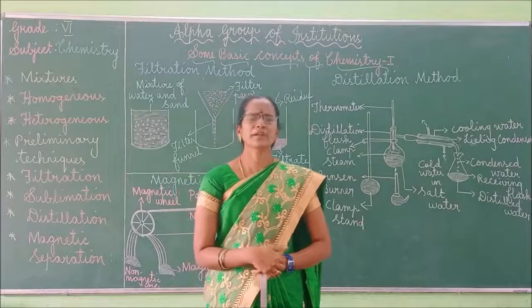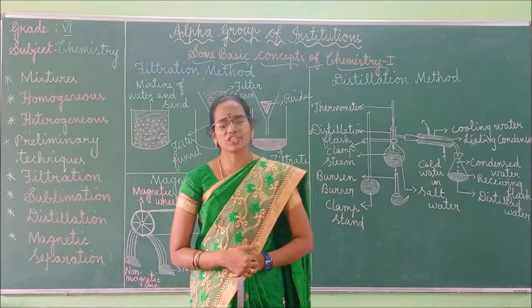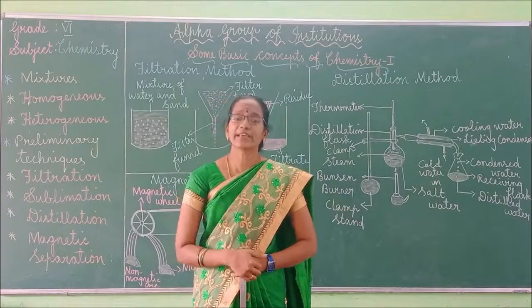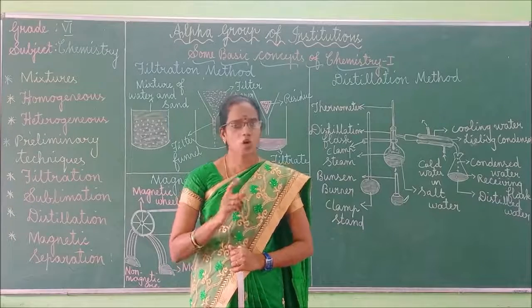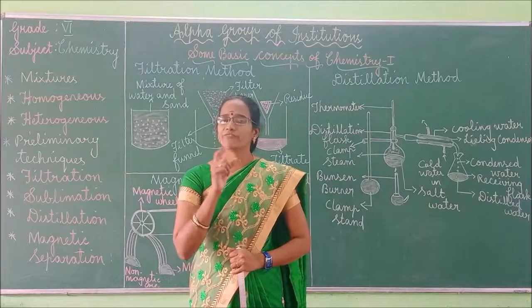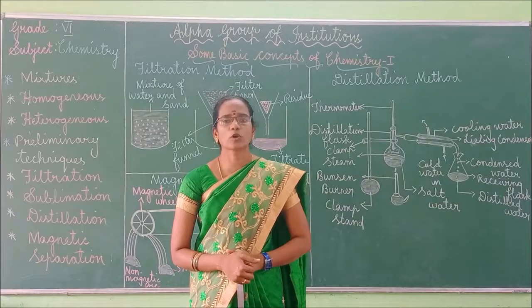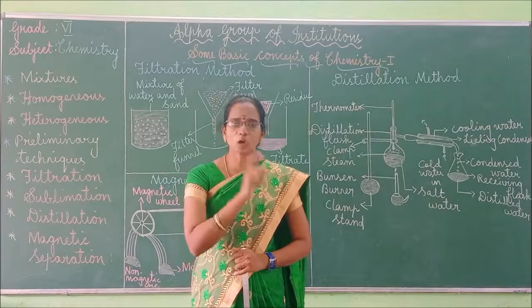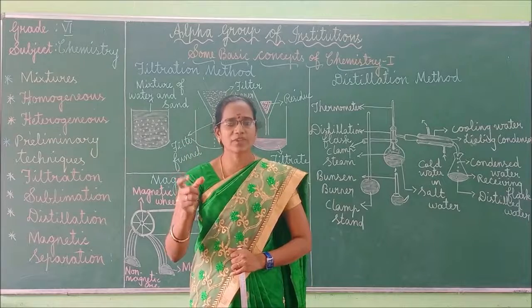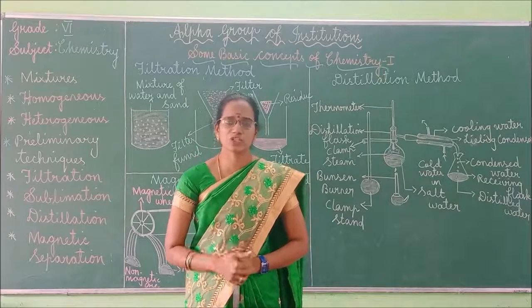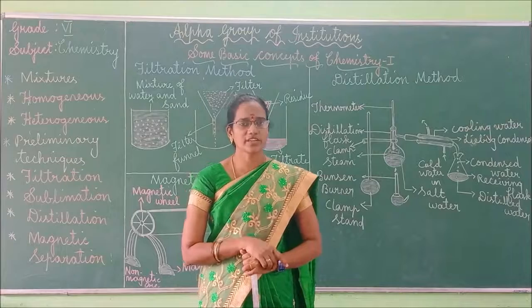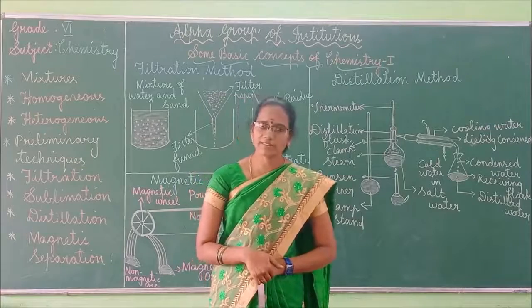Through this sublimation process, naphthalene can be separated from common salt. So define sublimation: sublimation is the process of converting solid phase into gaseous phase without changing into liquid. Got it, children? Understood? Shall we move to the next one?